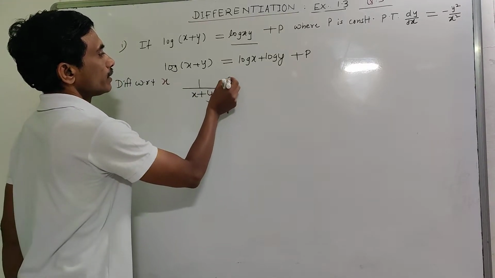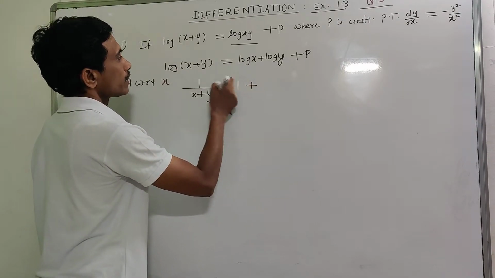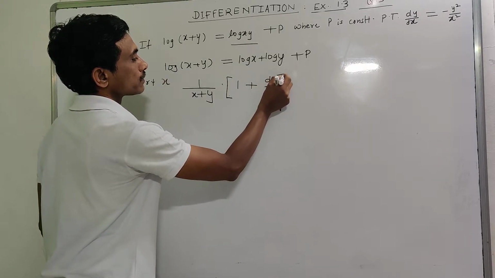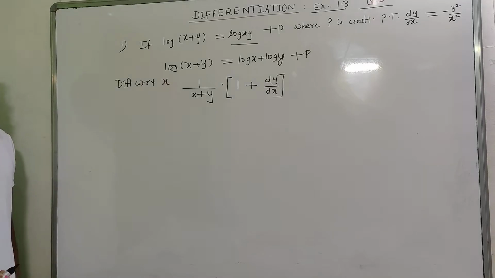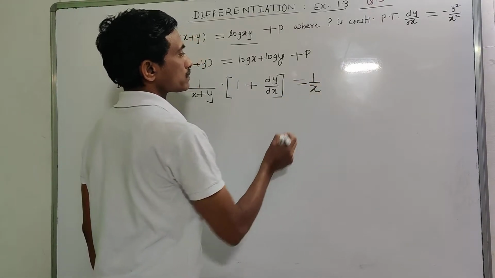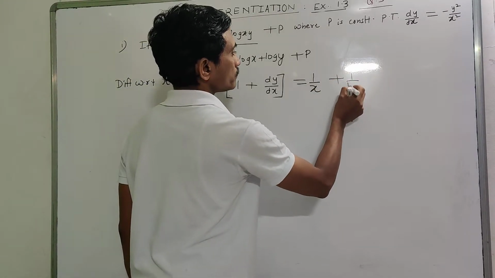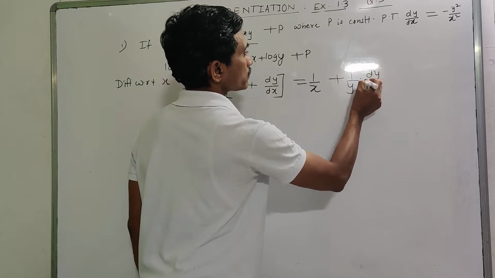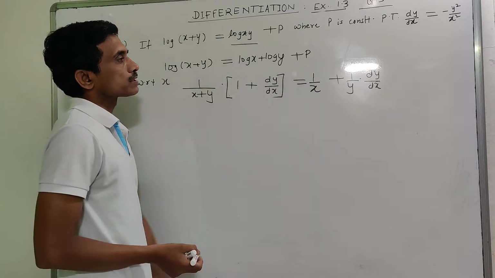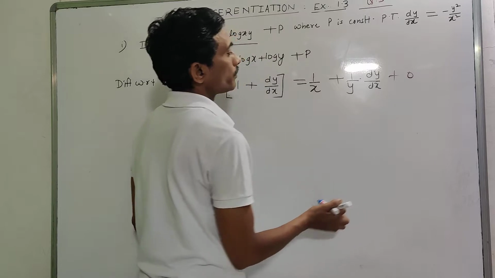So that derivative will be derivative of x, 1, plus derivative of y, dy by dx. Right hand side, derivative of log x is 1 by x, derivative of log y is 1 by y into dy by dx, plus derivative of p, that is constant, 0. So derivative of constant p is equal to 0.